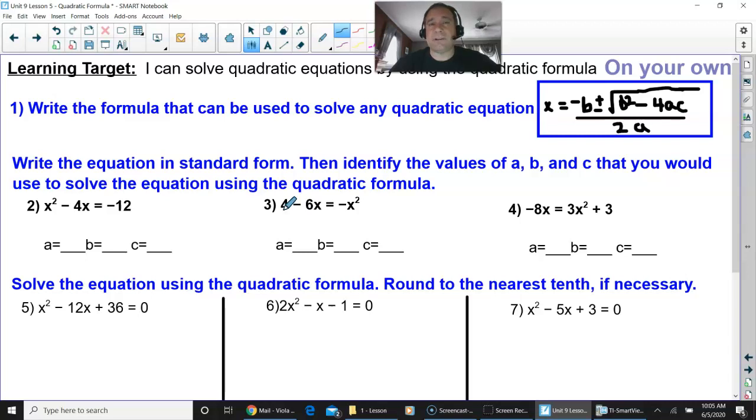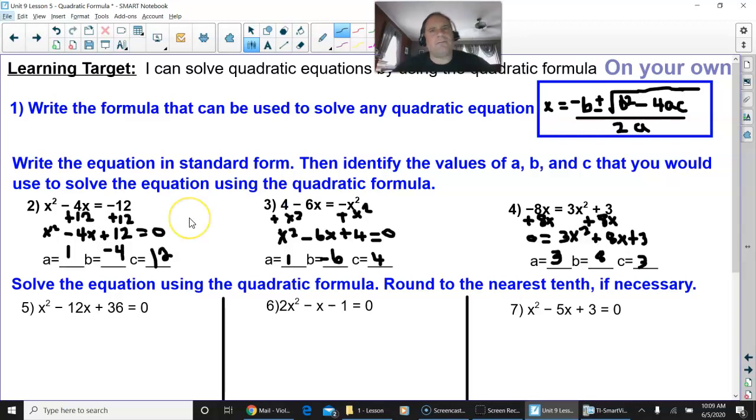So there's a little bit of work to do, but not that much. Transfer everything over to one side and then make it equal to 0. Press pause. All right. Hopefully you were able to do this.